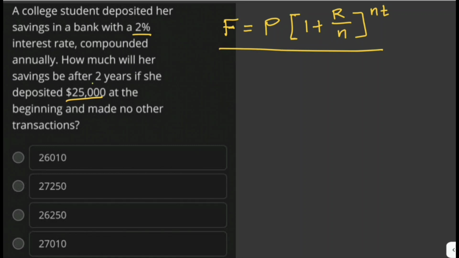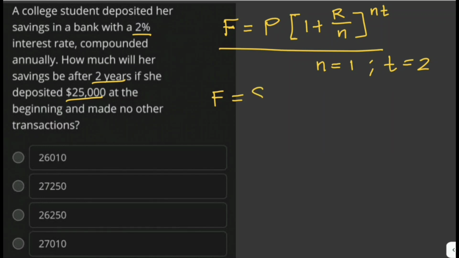So it says here 2 years and it is compounded annually, so our N is just equal to 1 while our T is equal to 2 years. Now we can solve for the amount of money the college student has saved.